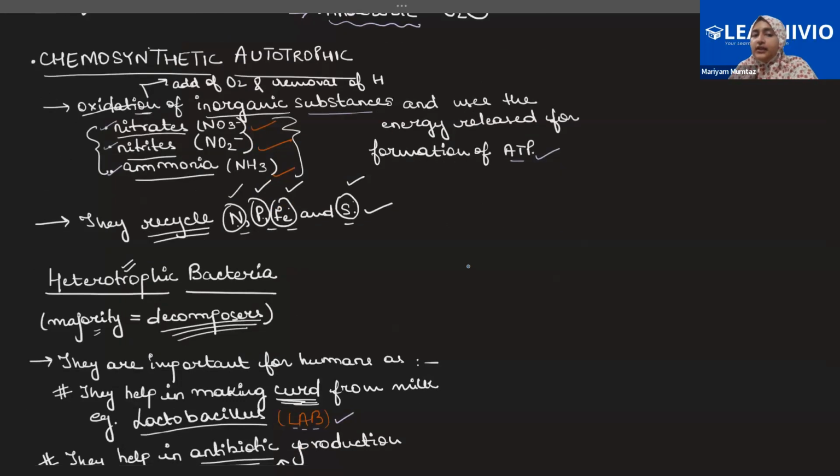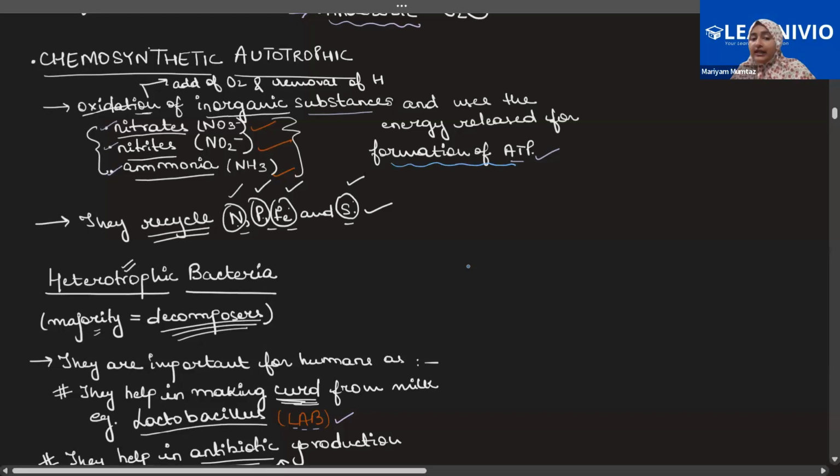Now, talking about the chemosynthetic autotrophic mode of nutrition, here certain chemicals are used for the preparation of food, through oxidation of inorganic substances, and then they use this energy for the formation of ATP.